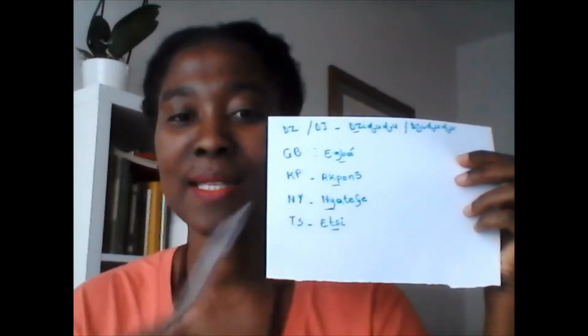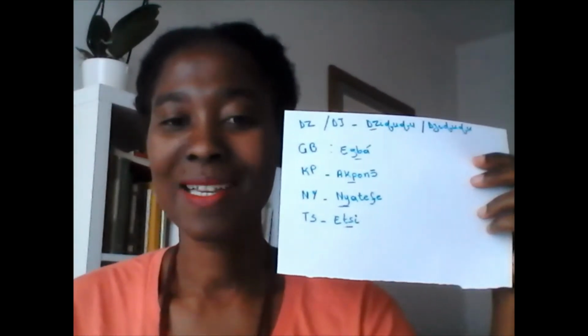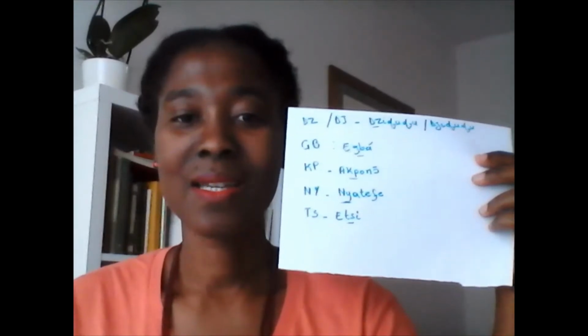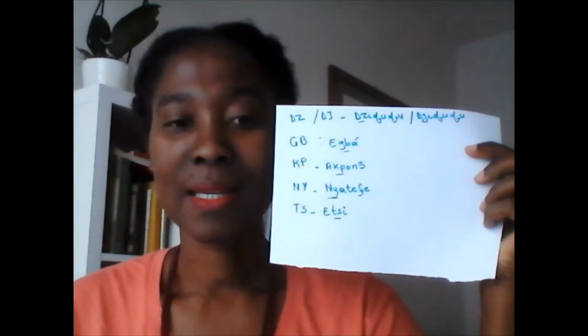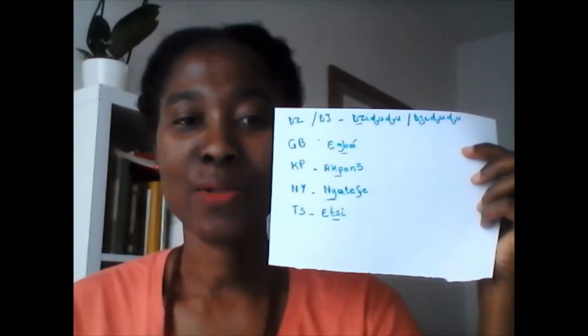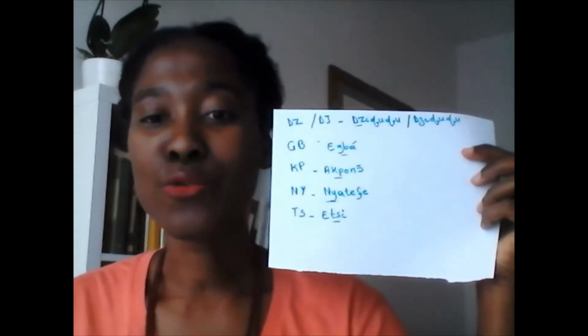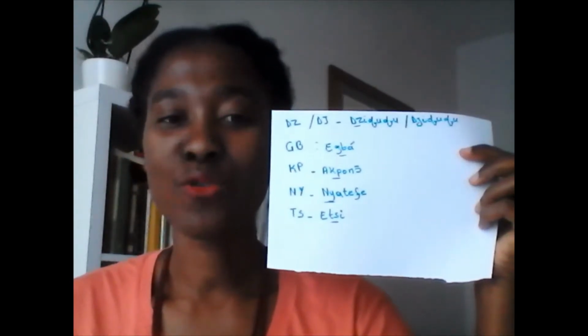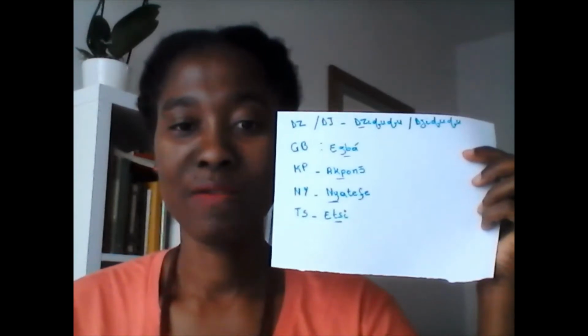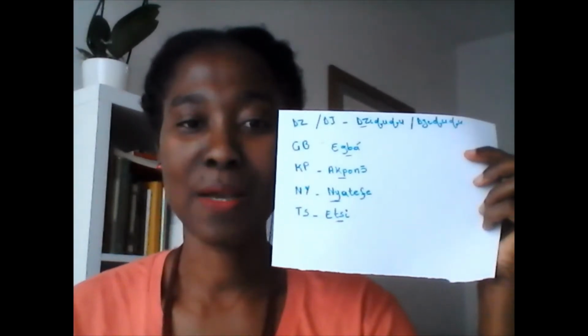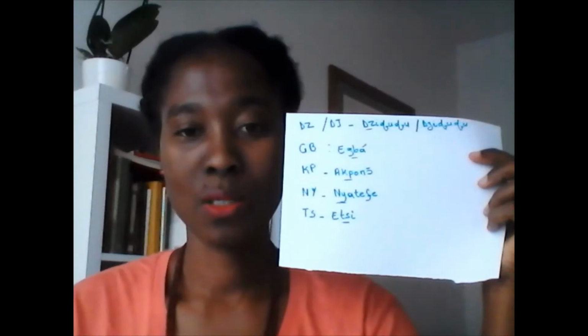So DZ is J. The example I wrote is gdo do, which is victory. So victory in Ewe is gdo do.